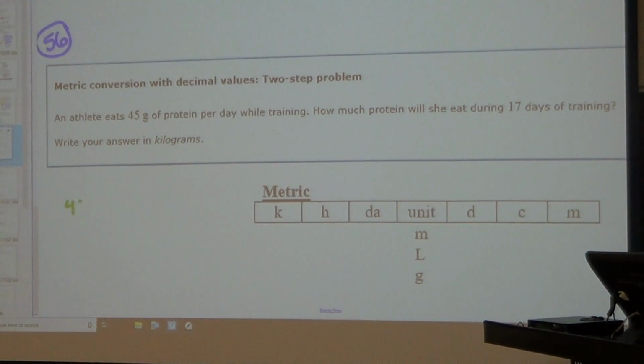Okay, I have some people who are saying change it to kilograms first. How many which way? Gram to kilogram. 3 to the left. So if it's 45 and then I go 3 to the left, what is my answer going to be?